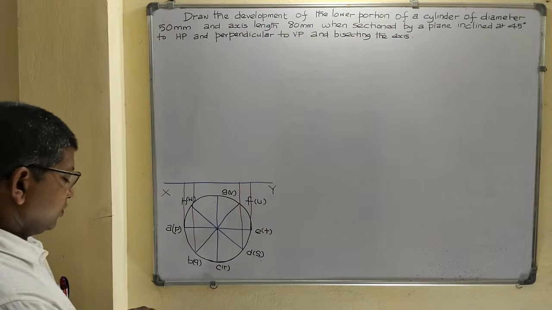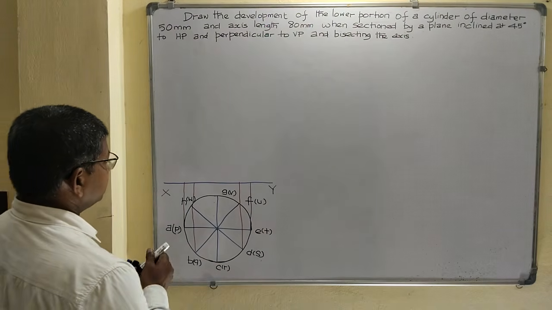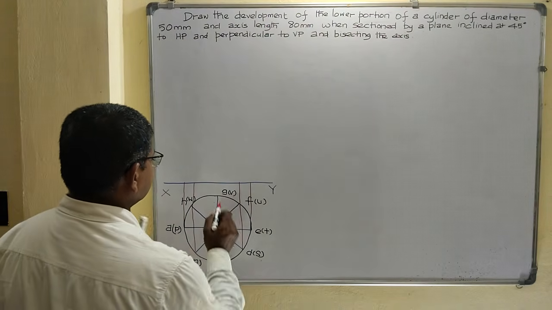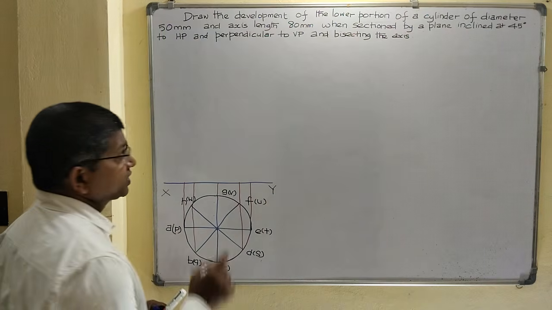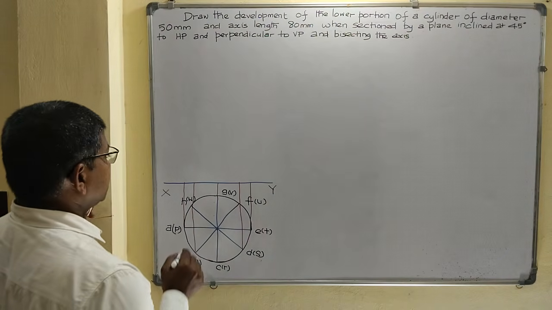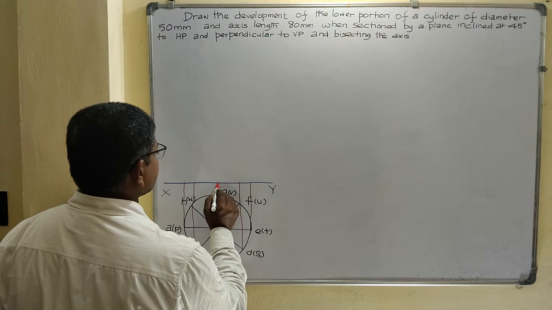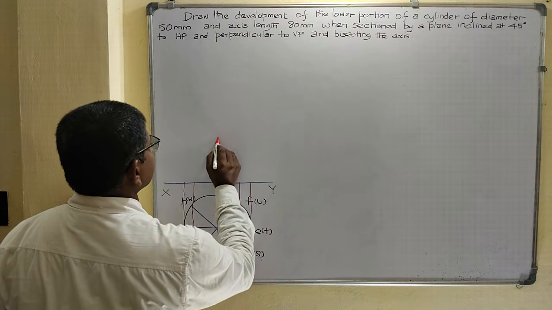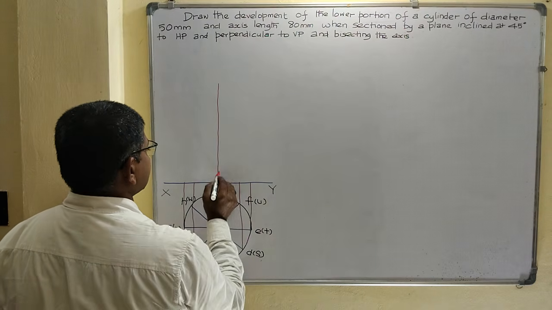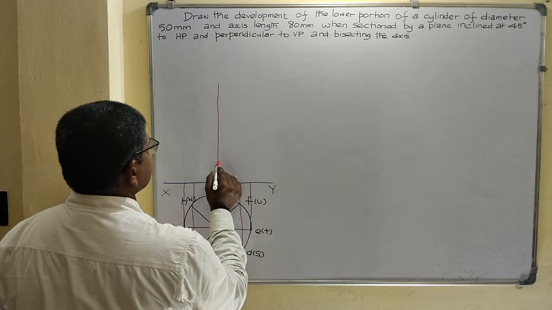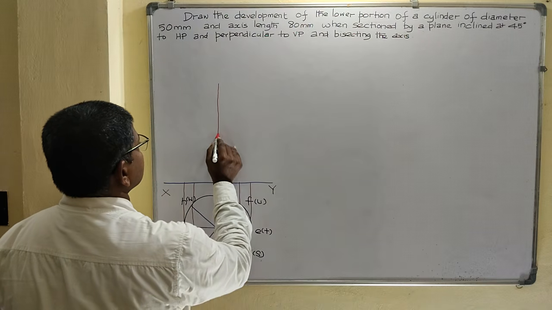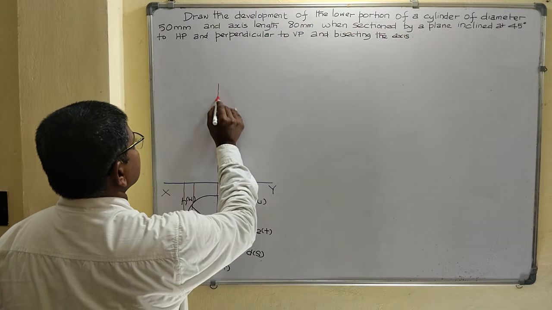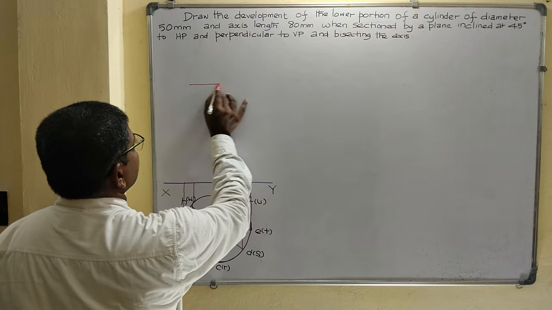Now draw the front view. Our axis height is equal to 80 mm, so extend the axis height up to 80 mm.